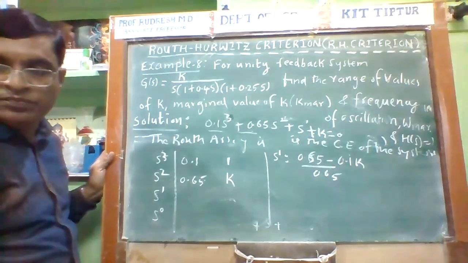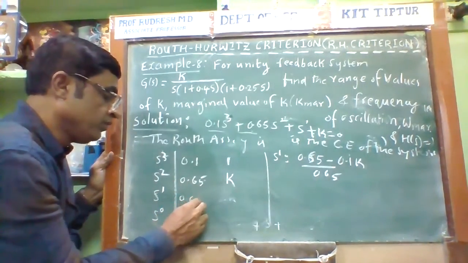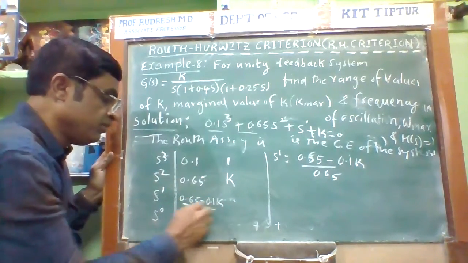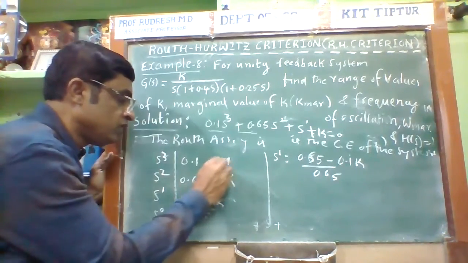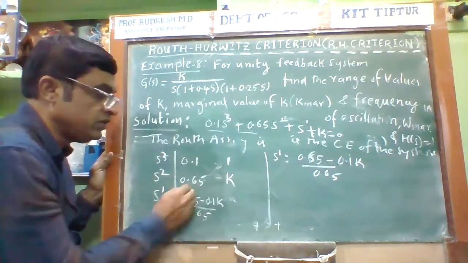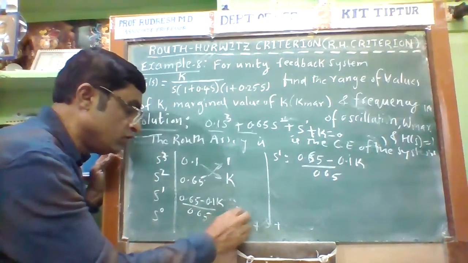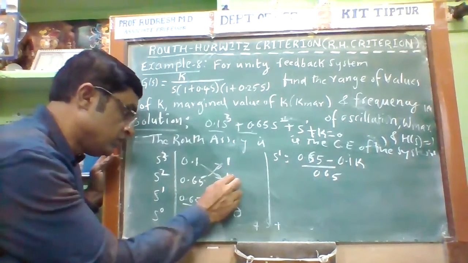That is, this into this minus this into this, divided by this value. The next element is 0, and the s to the power of 0 row is the same, K.